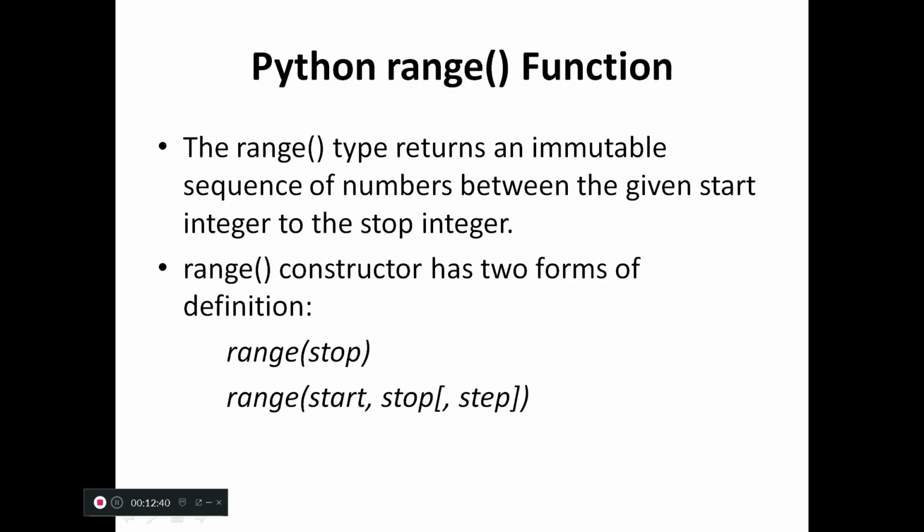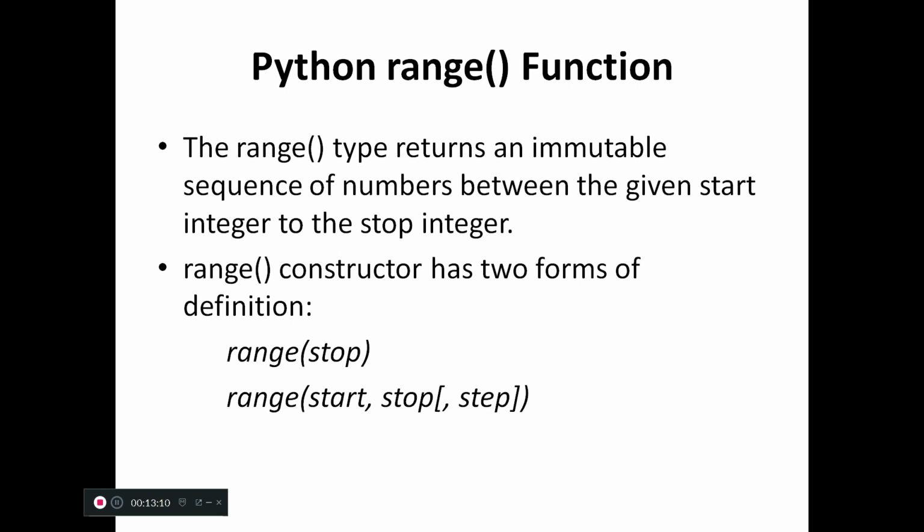Our next topic is the range function. The Python range function returns an immutable sequence of numbers, by default starting from 0, incrementing by 1 by default, and ending at a specific number. The range constructor has two forms of definition: range(stop) and range(start, stop, step).